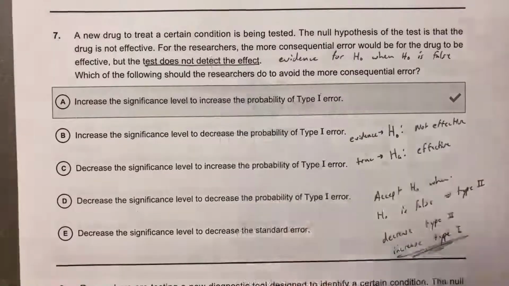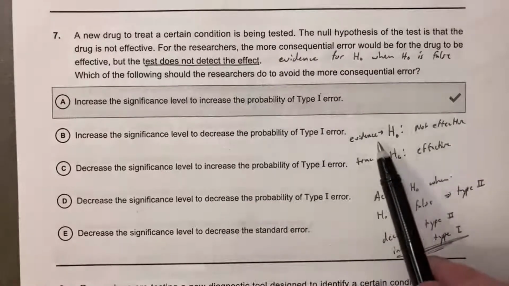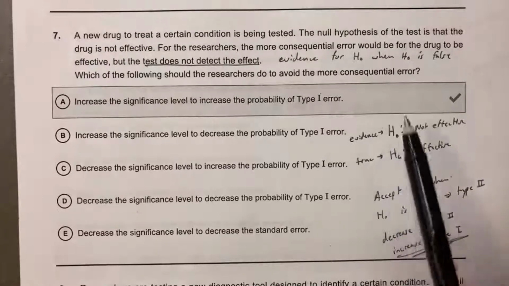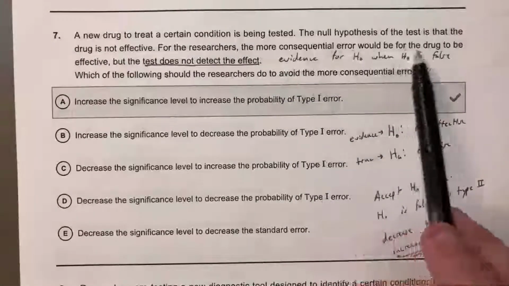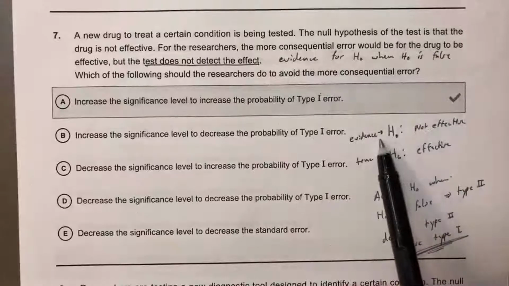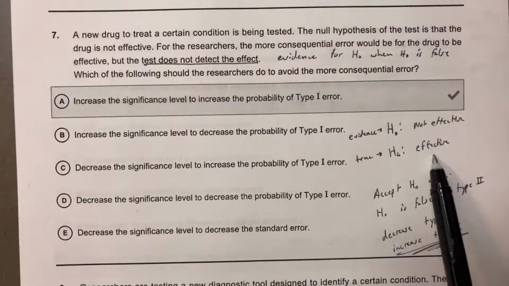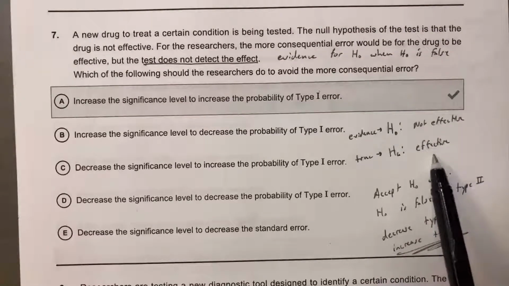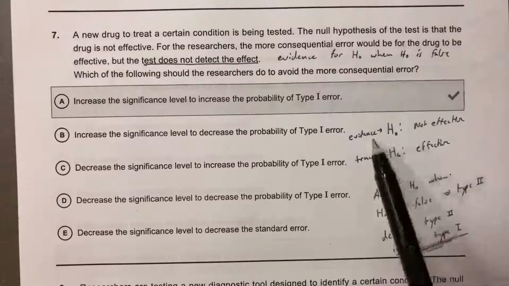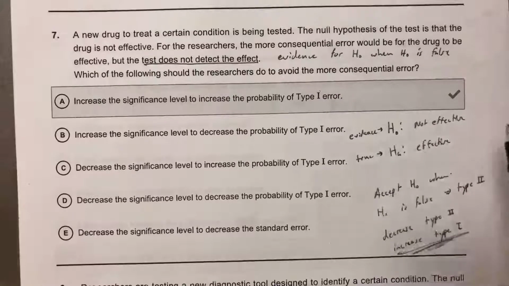So that means there's evidence for not effective when in reality, it's true that it is effective, because then you're not giving people this drug that everyone thinks is not effective, when in reality it is effective.